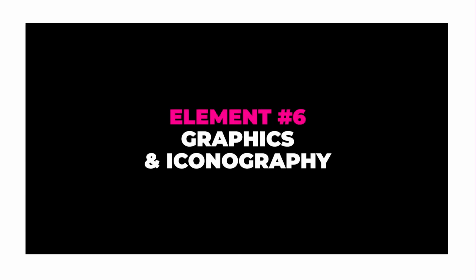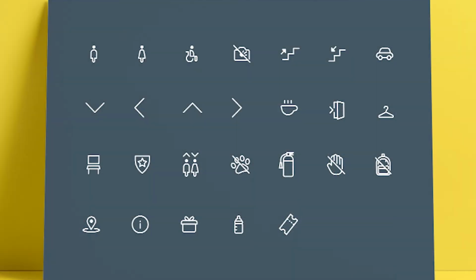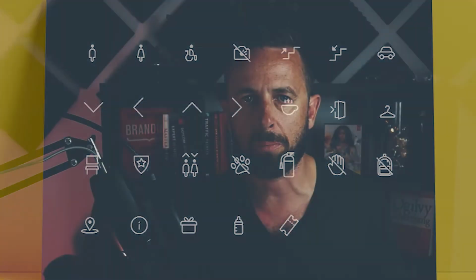Brand identity element number 6 are graphics and iconography. Now, these are probably one of the most flexible tools within the brand identity system because you can use them pretty much anywhere, from your website to your packaging to graphics on the wayfinding within a building. Anywhere where there is visual engagement is a place that you can use graphics or iconography. And again, this all contributes to the overall brand experience.